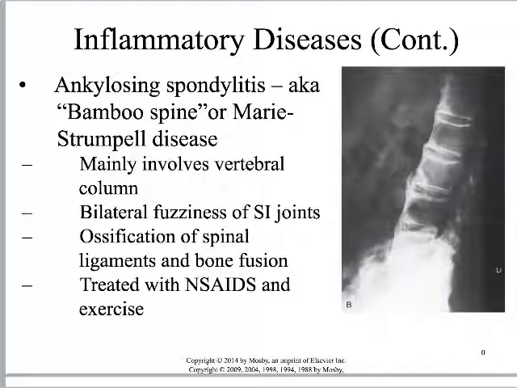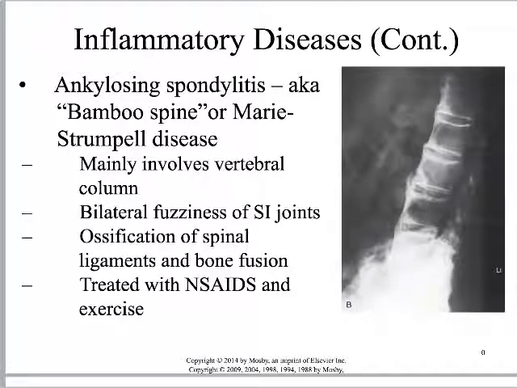So this is going to mainly involve the vertebral column. What we see is a fuzziness of the sacroiliac joints, and ossification of the spinal ligaments. And the bones start to fuse. Generally, this is treated with NSAIDs and exercise that's going to allow the bones of the spine to flex.